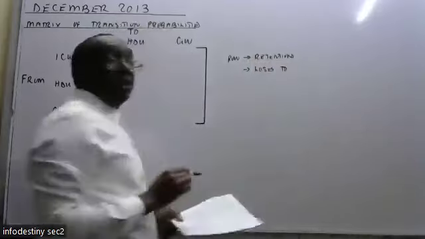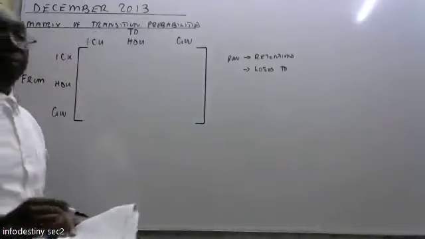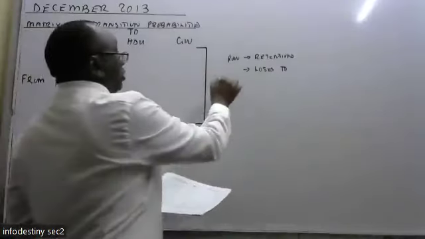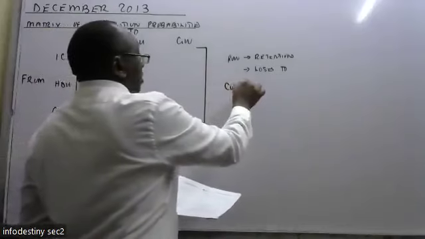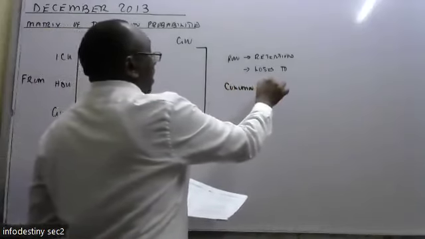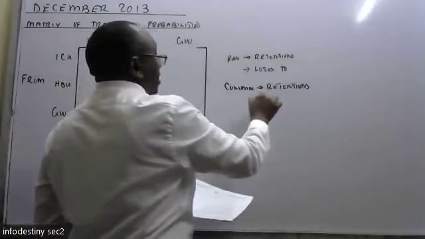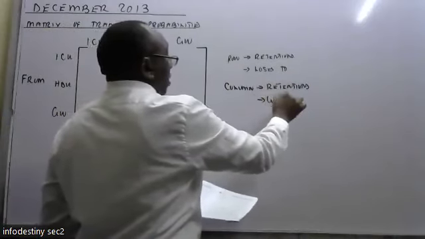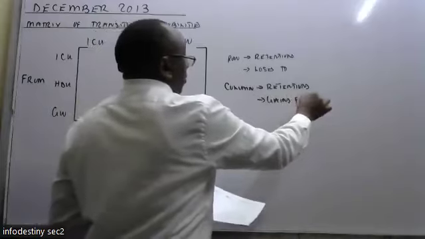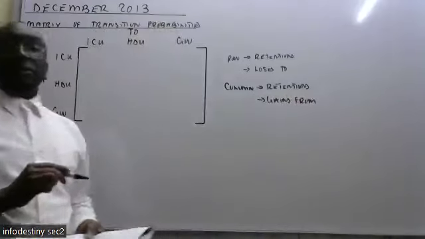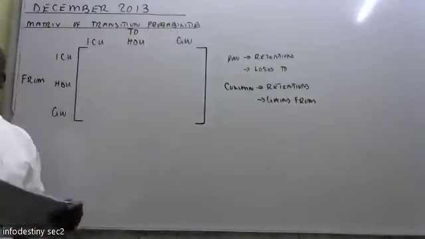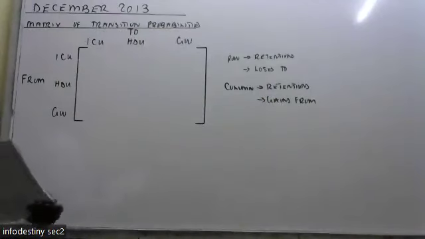That is what we find in a row. And I also told you that in a column, you will find again retentions and gains from. Those are the things you find.